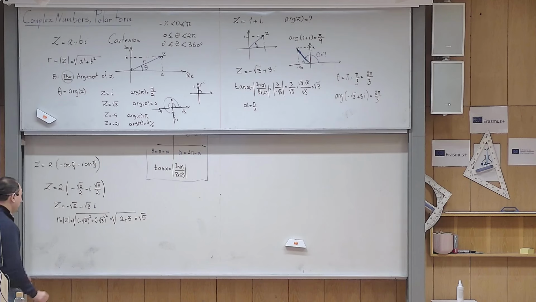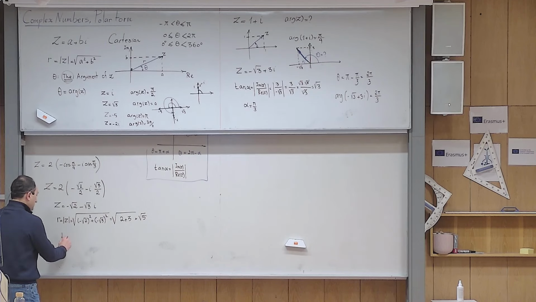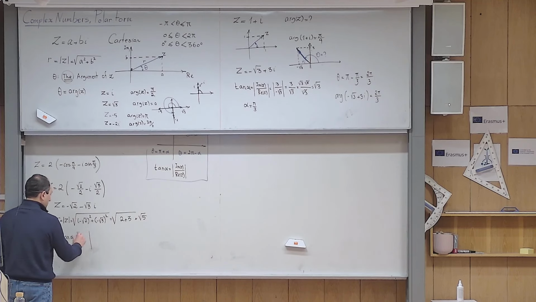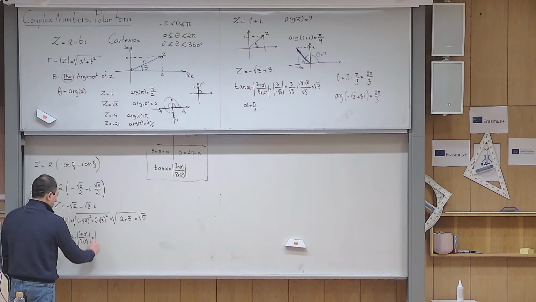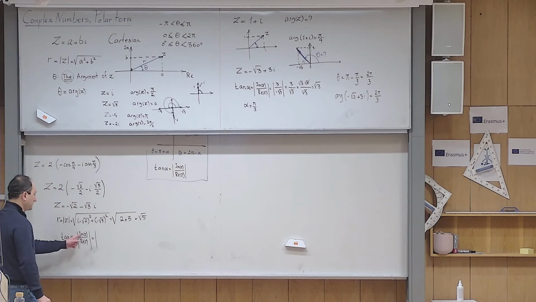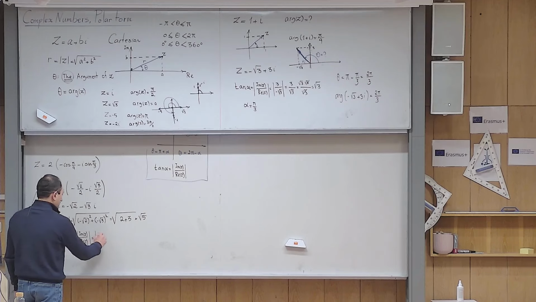But for the argument, I always use this idea. So I calculate tangent alpha according to the formula that I told you, the imaginary part divided by the real part. So this becomes the absolute value of what? Instead of the imaginary part, I put minus the square root of 3. Instead of the real part, I put minus 2.